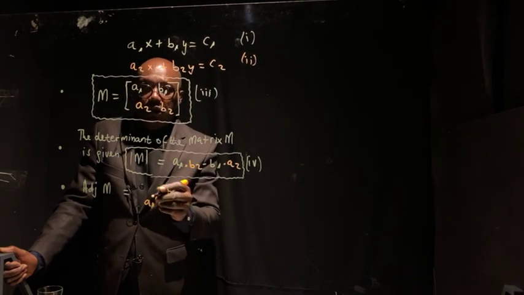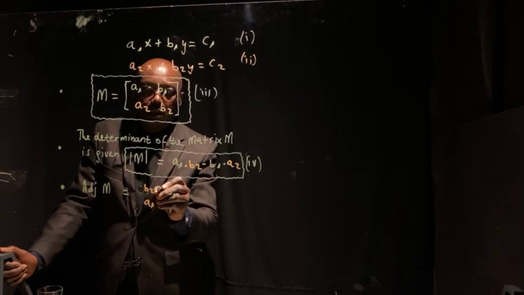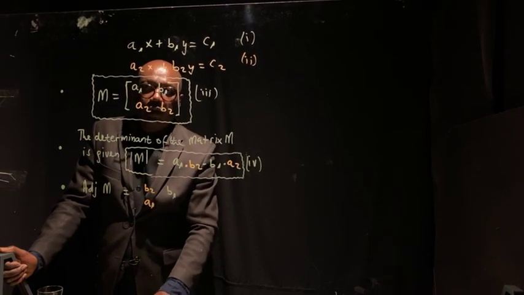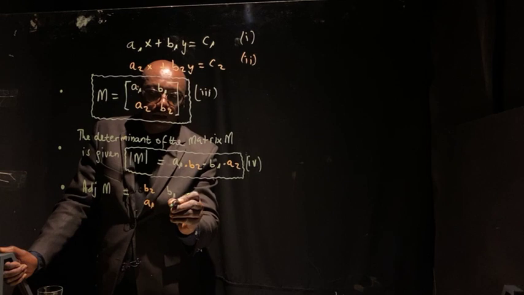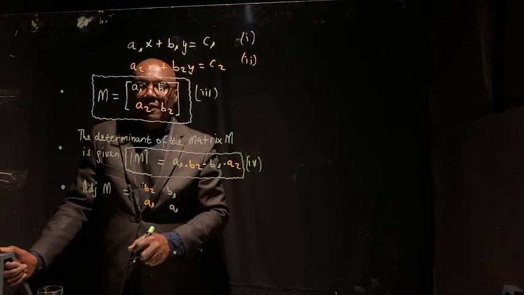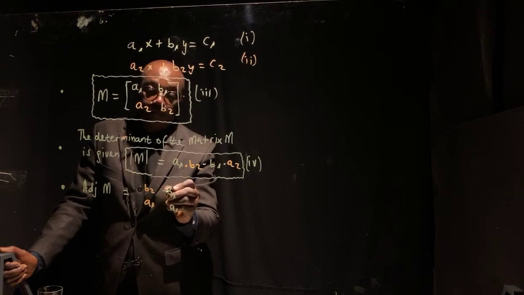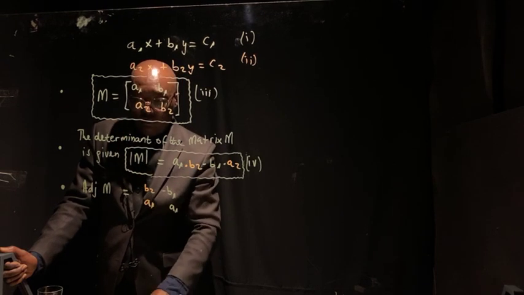So you can see that the B2 comes here and then the A1 comes here. But as soon as I do that, I will negate B1 and A2.